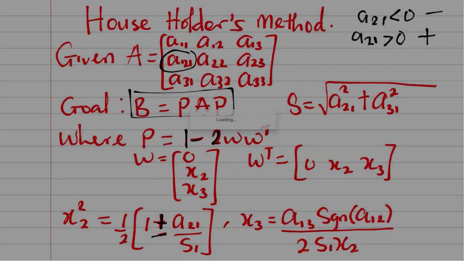All right, so now let's see an example. This is where we are going to understand. So let's say we have A equals the matrix 1 4 3, 4 1 2, 3 2 1. Now we want to reduce this matrix using the Householder method.